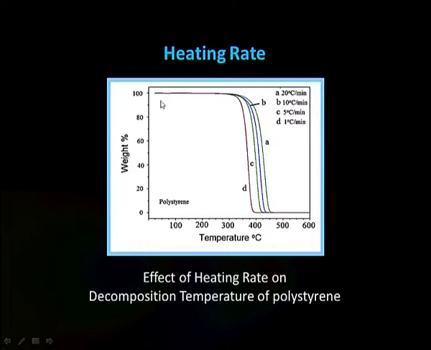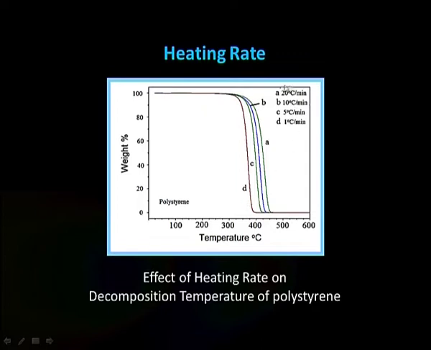Here you can see that in the beginning, up to about 350 degrees, there is no change in weight. Whatever weight we are taking, it is 100% of the same weight. But then with increase in temperature, there is a loss in weight and we come to about 0% weight.